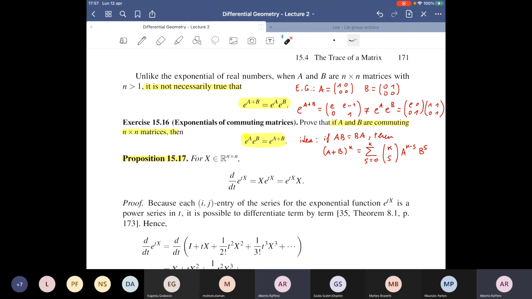Of course, you have such an equality if and only if these two matrices commute. Otherwise, you can't use this. Using this, you will end up showing that in such a case, under this hypothesis, the product of the exponentials is the exponential of the sum of the matrices.